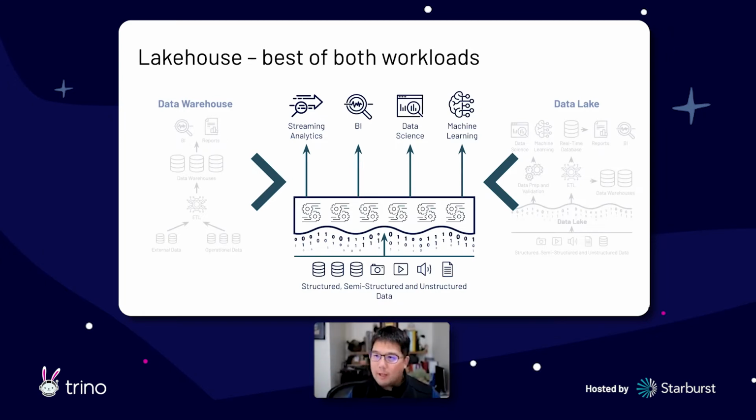Yet at the same time, on the left side, it has some of the most important aspects of a data warehouse. I have a schema, I have structure, I have fast BI support. So that way, you can have a simplified reconciliation or validation process in which there is none, because the lakehouse handles both of it for you right from the get-go.